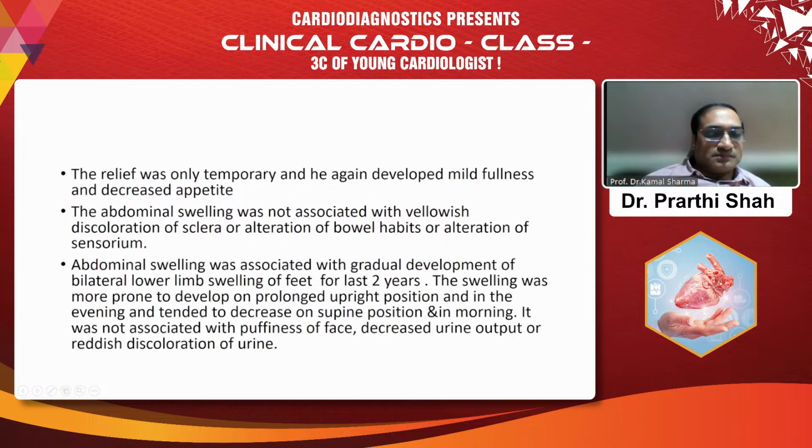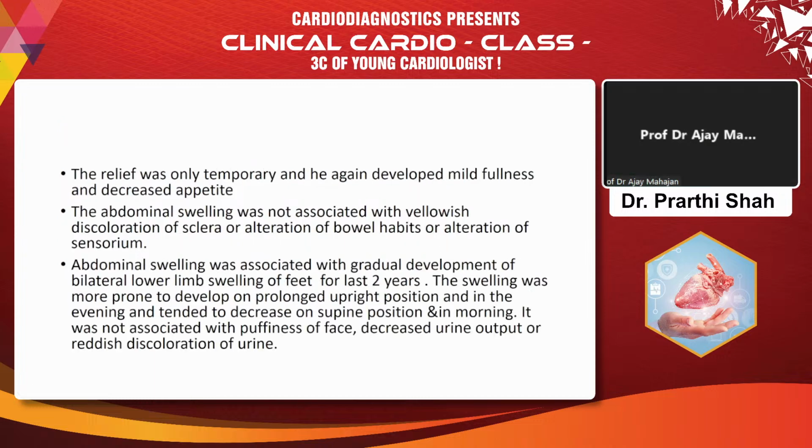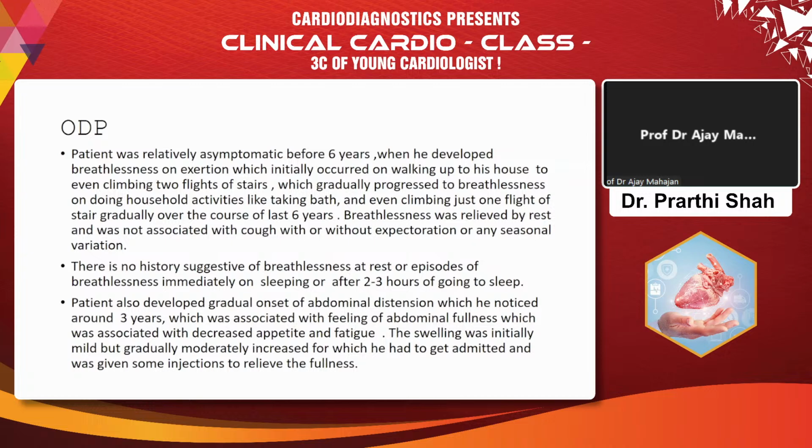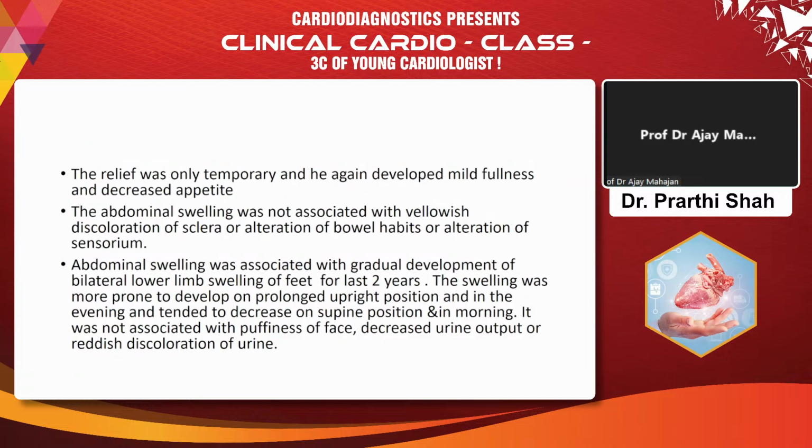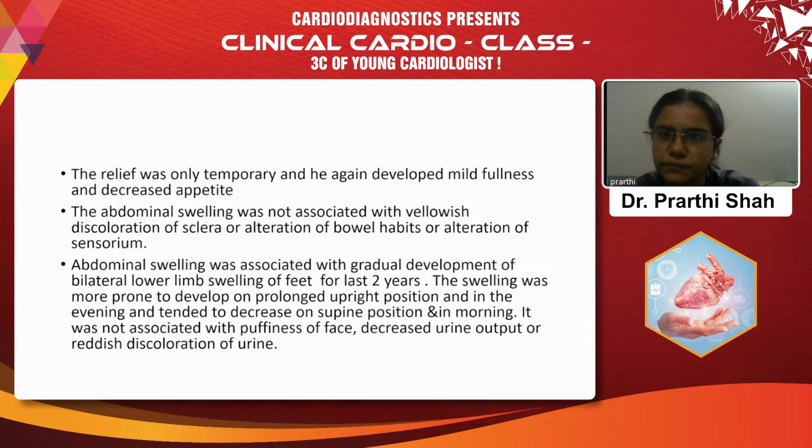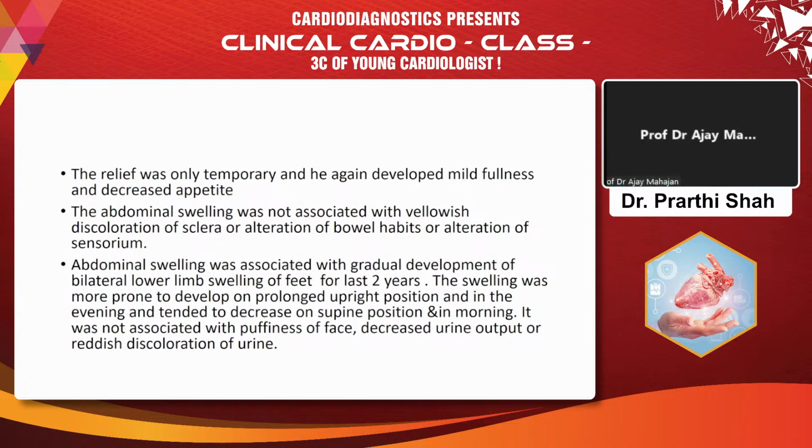Prarthi, I just want to clear one particular thing for the student. She was talking about constrictive restrictive physiology producing signs of pulmonary congestion. Actually, constrictive restrictive physiology is a mix of both: a mix of tamponade and a mix of constriction. So the physiology will not produce any symptoms of pulmonary congestion. It will have all the problems related to right atrial hypertension and pressure on the right atrium.